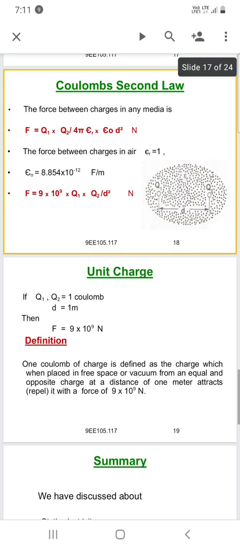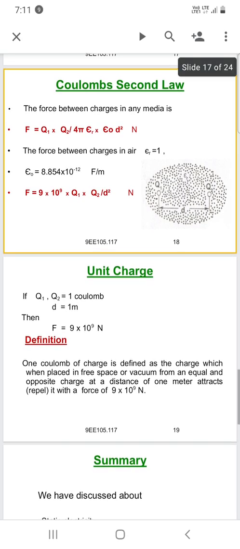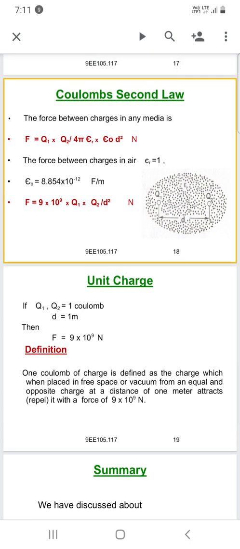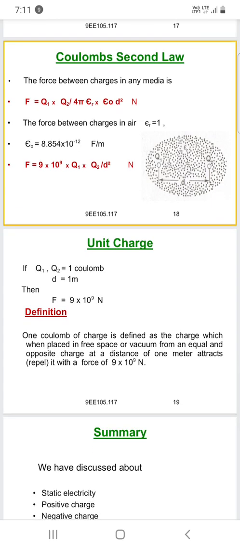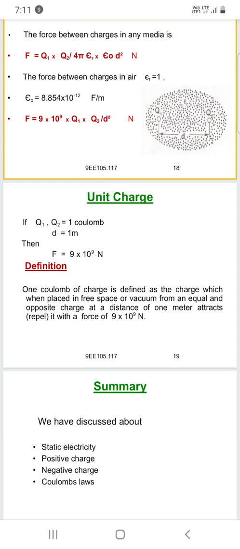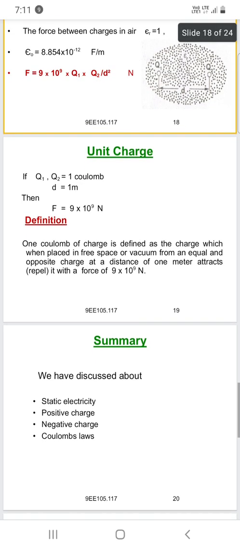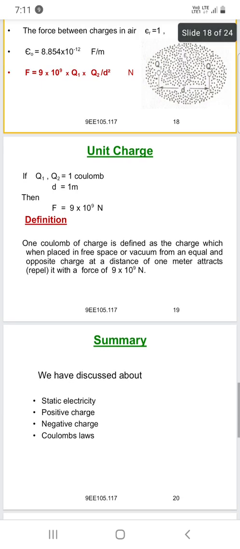If Q1 and Q2 are equal to 1 coulomb, and we place them at a distance of 1 meter, then the force exerted between the two charges is equal to 9 into 10 to the power of 9 Newton.